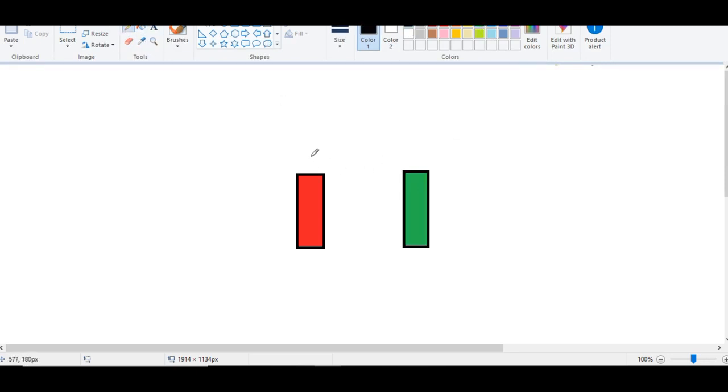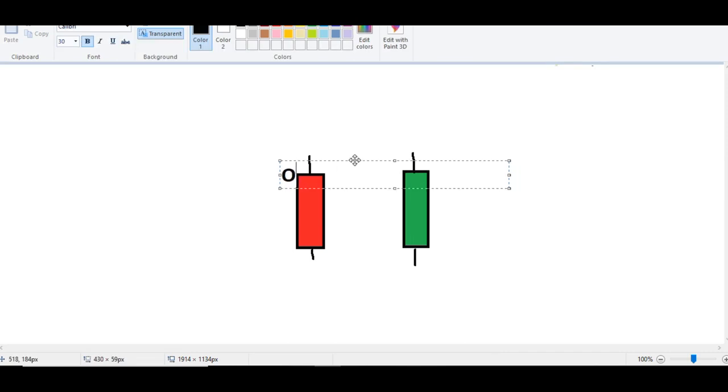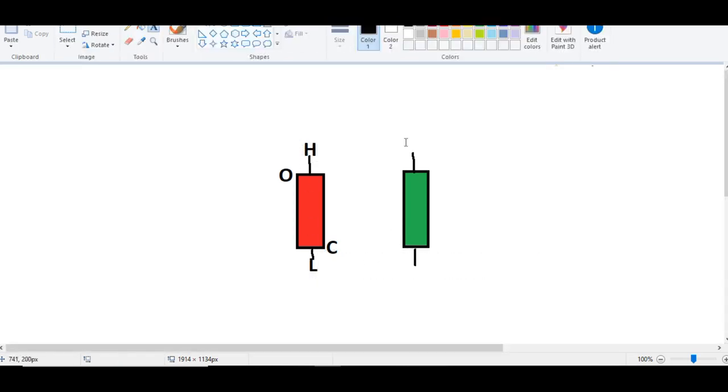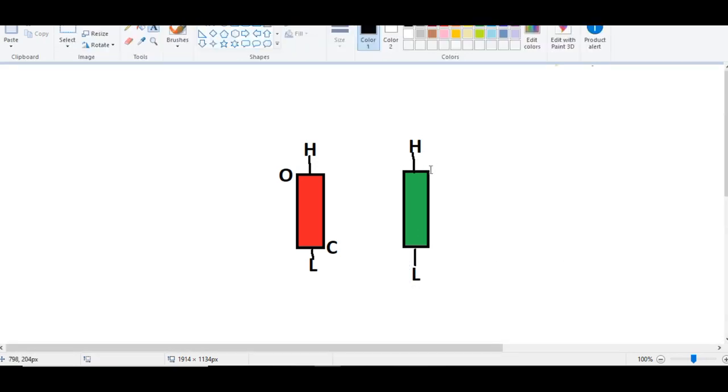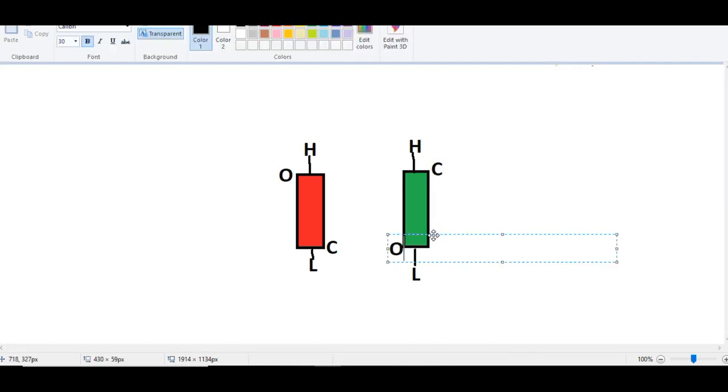If we have a red candle or a green candle, we discussed that this is the opening, this is the closing, this is the high price and that's the low price. And in a green candle, high and the low are the same. This is the closing and this is the opening price.